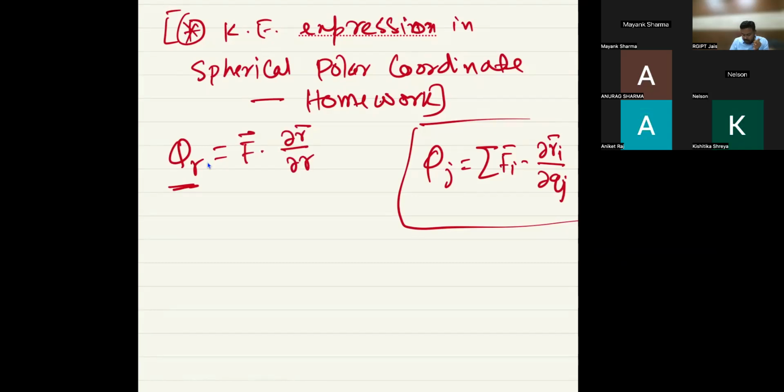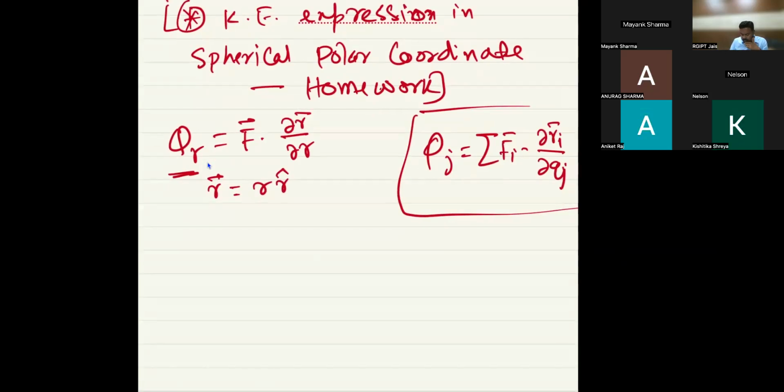And in polar coordinates, this vector r you can write as r r cap. And what is the expression for r cap? Do you guys remember the expression for r cap in polar coordinates?